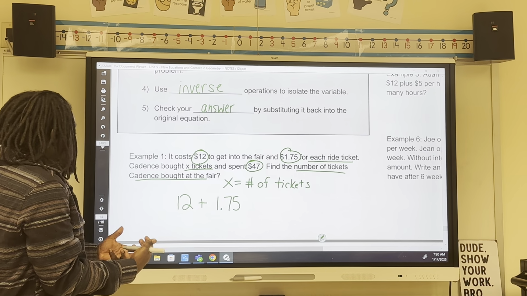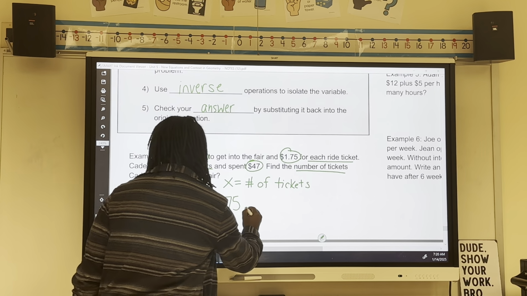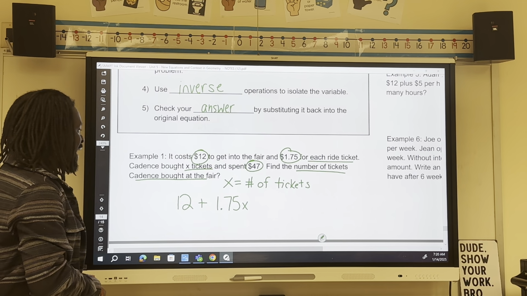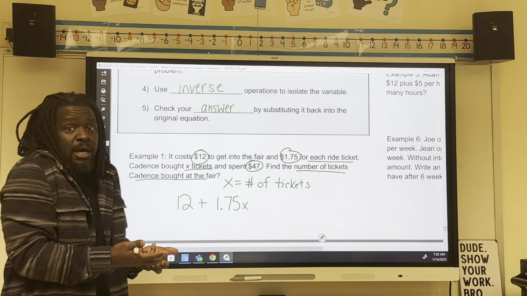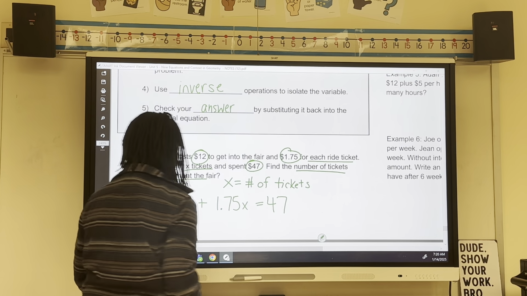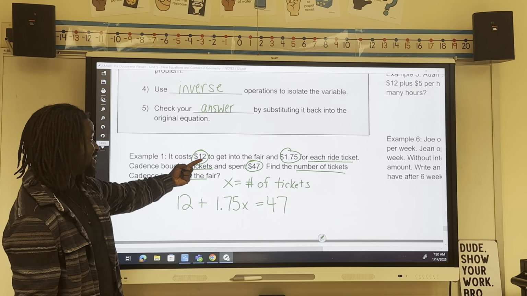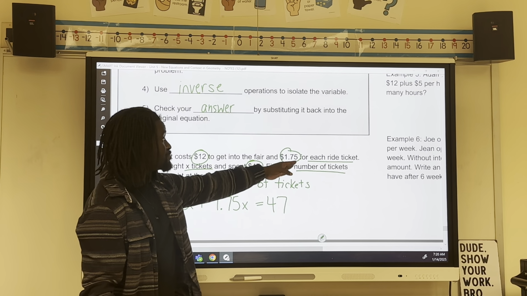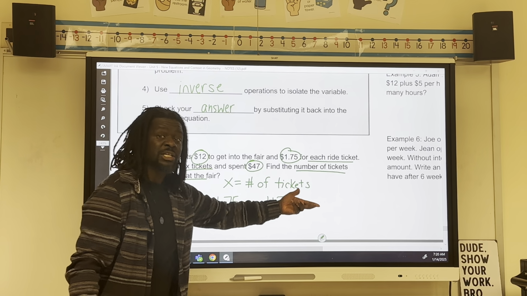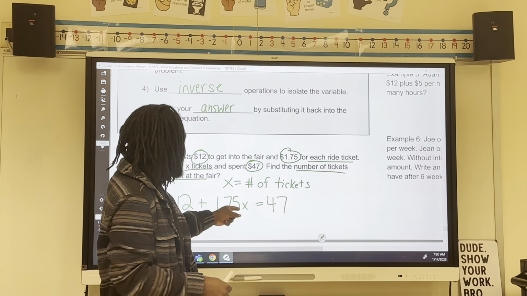That means I have to multiply the price times the number of tickets, so that's 1.75x, and that is going to equal the amount that she spent, which is $47. Again, $12 is how much it costs to get into the fair, plus the cost for each ticket, $1.75 per ticket. So I take the number of tickets and multiply it by the cost.